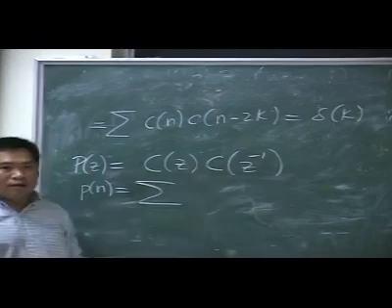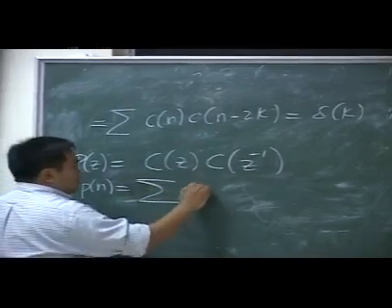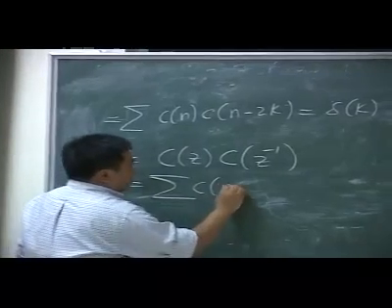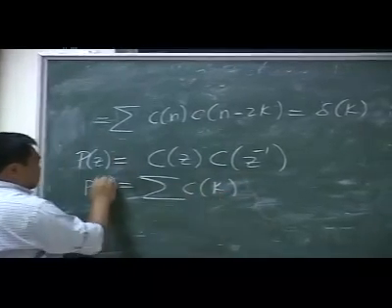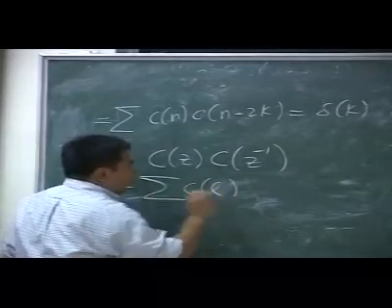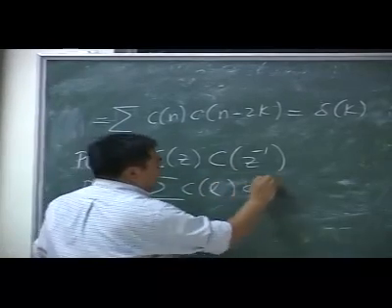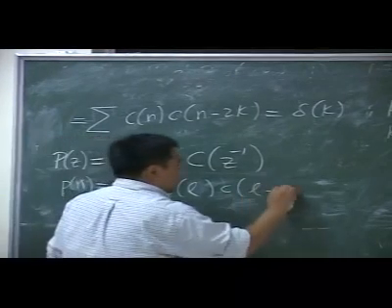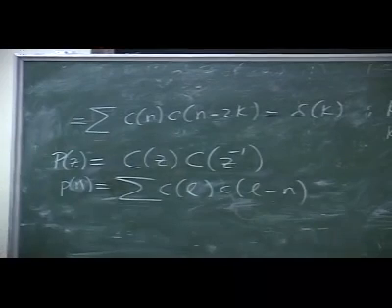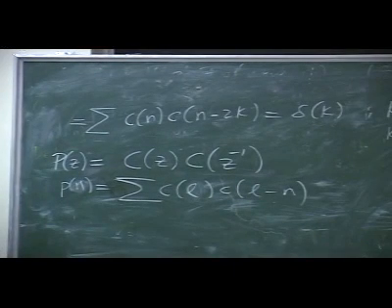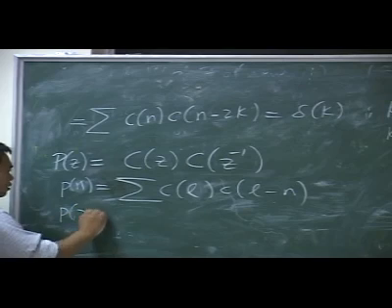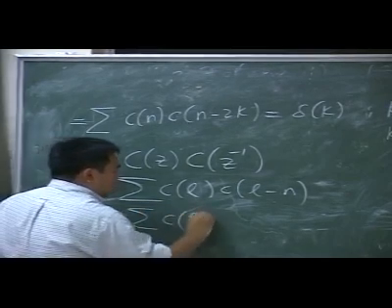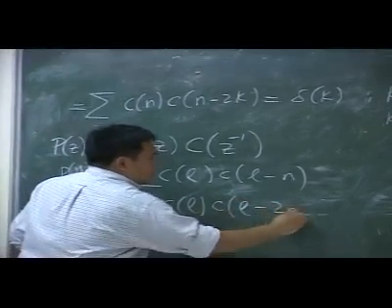One would be the flip of the other. So this is C of n, C of k, C of L, C of L minus n. What does P of 2n look like? C of L minus 2n.